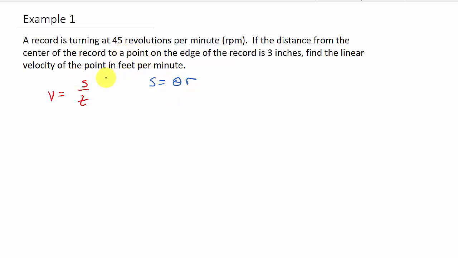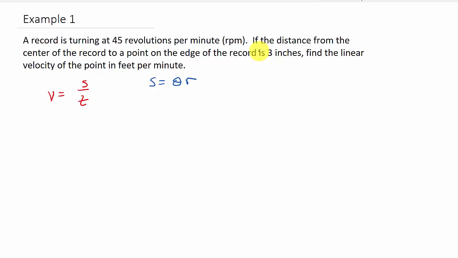Alright, so let's look at a couple of things. They want us to find the linear velocity in feet per minute. So the time that they give us is minutes, revolutions per minute. Okay, so we're good on the time. But notice the radius that they give us is in inches, and we want our final answer in feet. So two ways you could do it is you could convert the inches to feet and then work the problem, and that's not that difficult to do here.